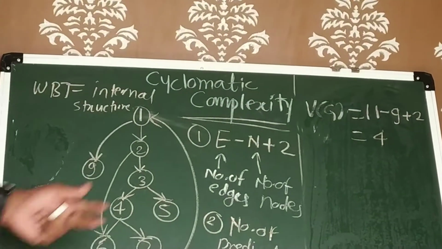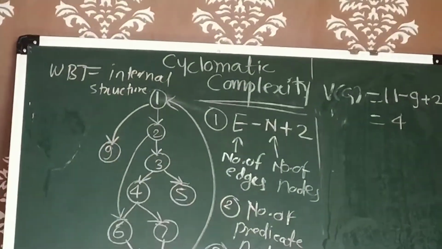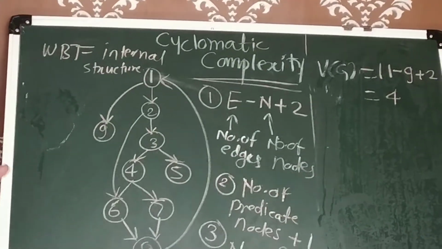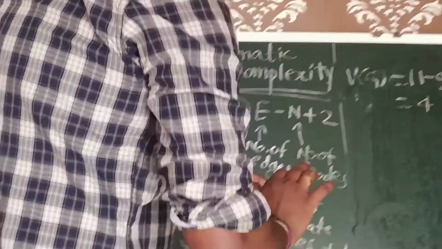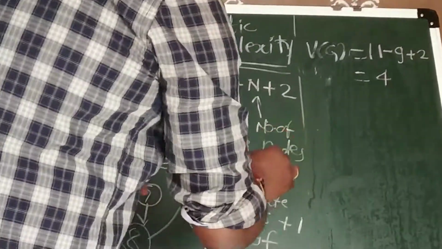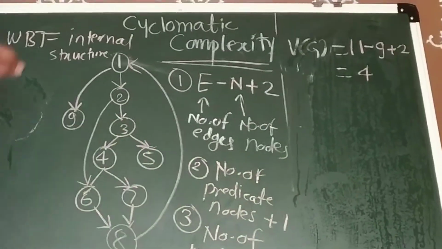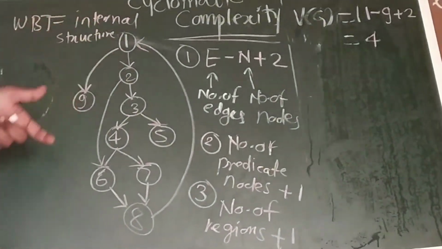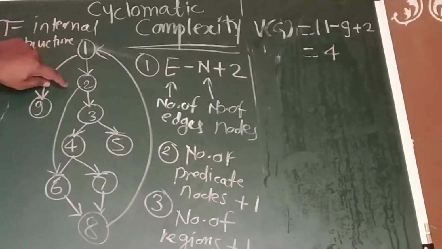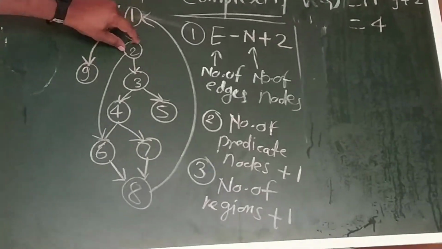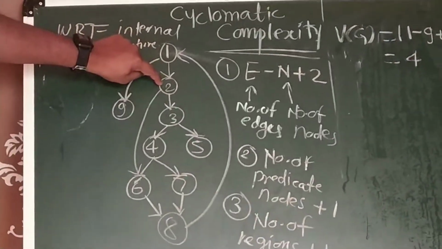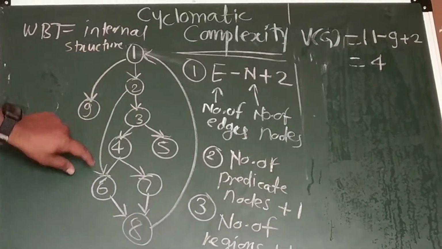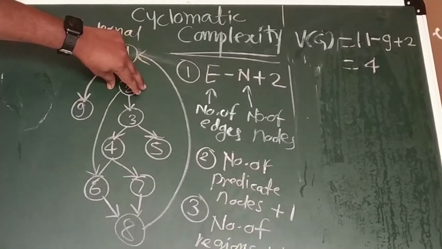Okay, so let us check with another formula whether it gives the same answer or not. Number of predicate nodes plus 1. Predicate nodes are those nodes which give you 2 output nodes. Node number 2 gives you node number 3 as well as node number 6, so this is a predicate node.